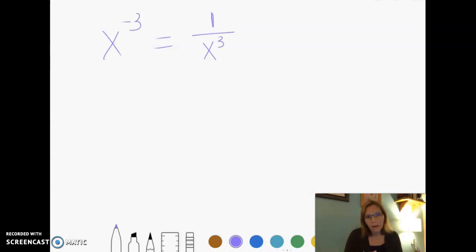So x to the negative third equals 1 over x to the third. And then 0 exponents. So I could have 562 to the 0 power, and that's going to equal 1. 0 exponents always equal 1. I could have variables. I could have x to the 0 power, and that also equals 1.